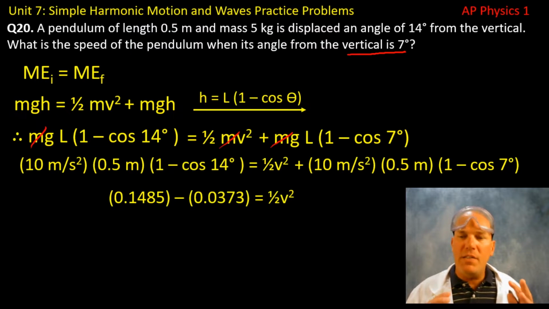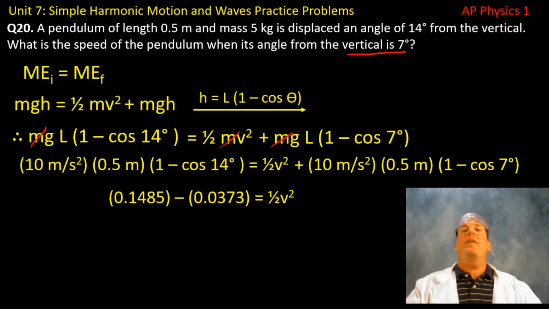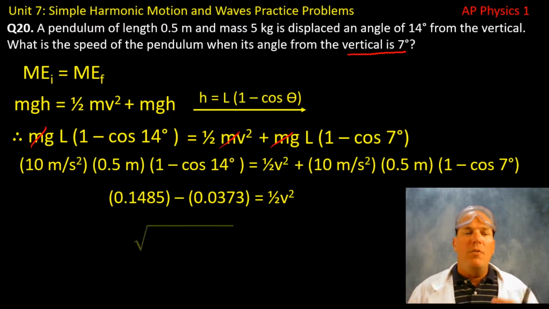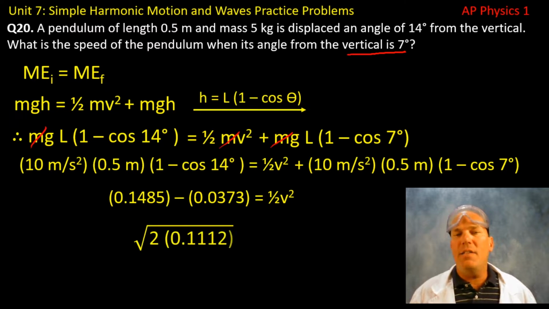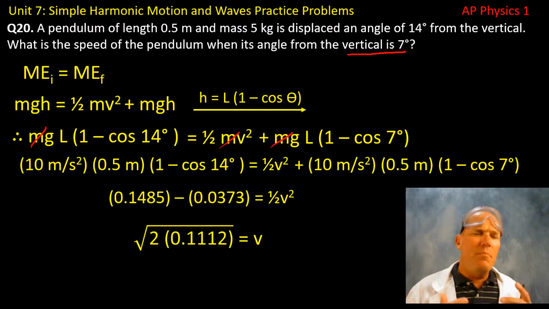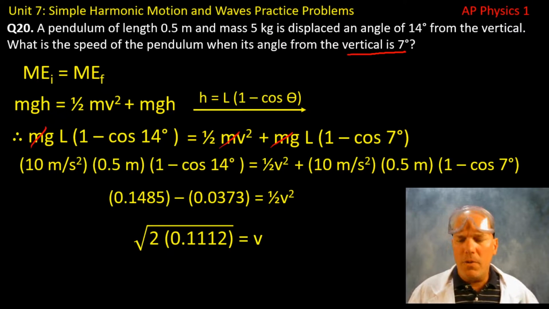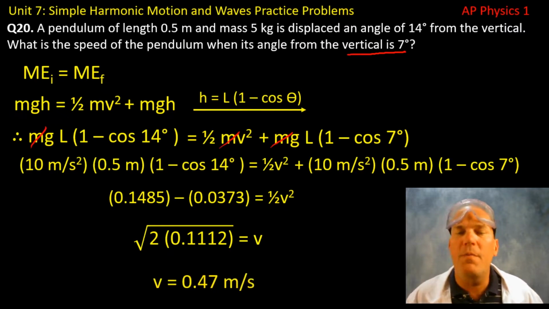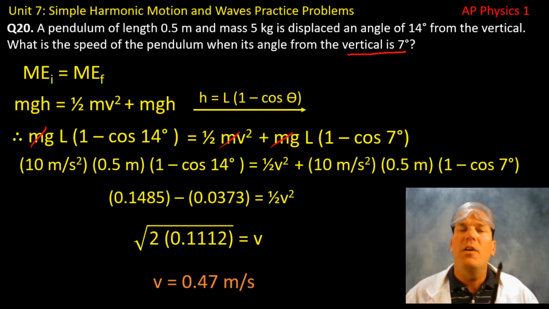A lot of students have asked me to give intermediate steps and numbers because they get lost if I just go to the answer algebraically. So we get these quantities, and then lastly, multiplying both sides by 2 and taking the square root, we can solve for the velocity to be equal to 0.47 meters per second.